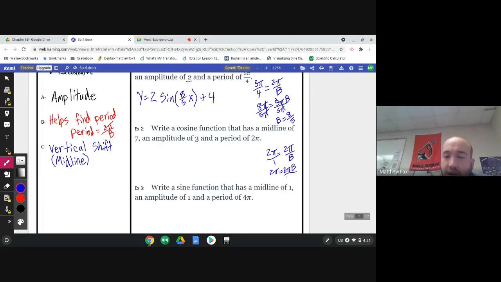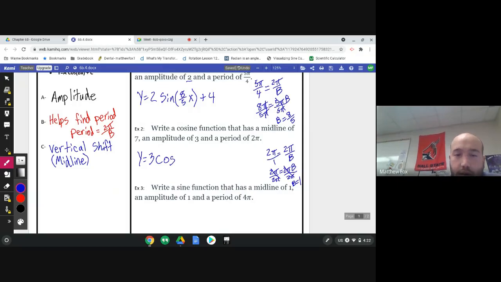We divide by 2 pi, that cancels out, and we find that b is going to equal 1. Then all we have to do is write it. So y equals whatever the amplitude is, in our case 3, now cosine, and then it's just 1x or x, whatever you want to do. And then plus whatever the midline is, which in our case is 7.